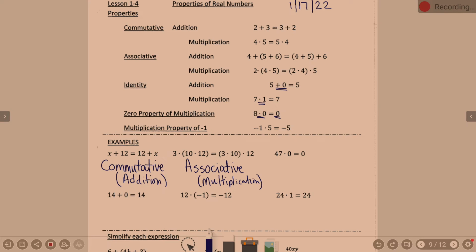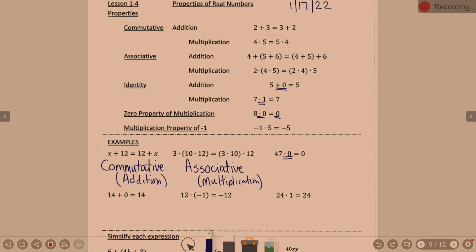Oh, that's nice. 47 times 0 equals 0. So it's the same thing. What are we doing here? We are multiplying by 0.